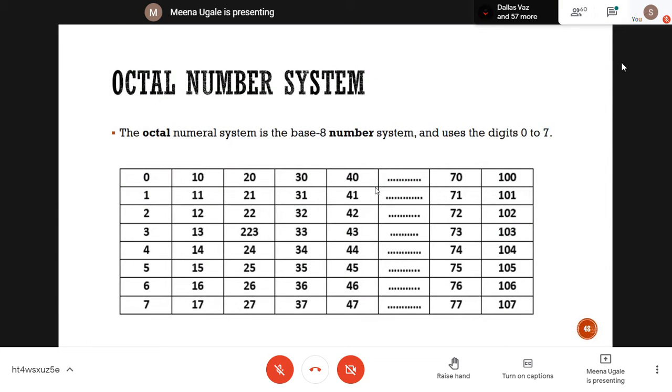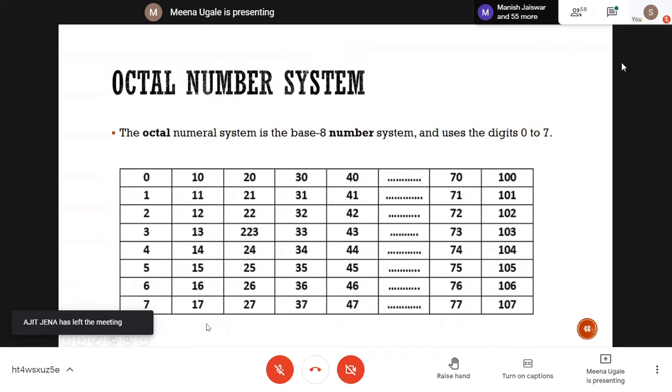Now see here. The first part we have seen is the decimal number system, that is the normal one we always use. And second, binary we have seen. Third, we will go for the octal number system. In the octal number system, the base is 8. We do not have the number 8, but instead of 8 we will go for 10, 11, 12, 13, 14 up to 17.